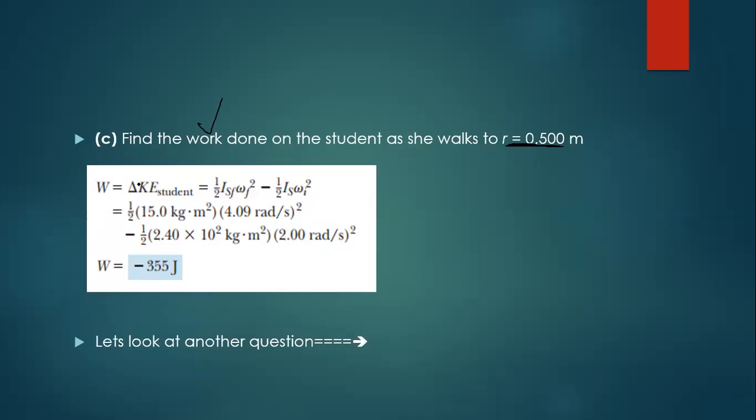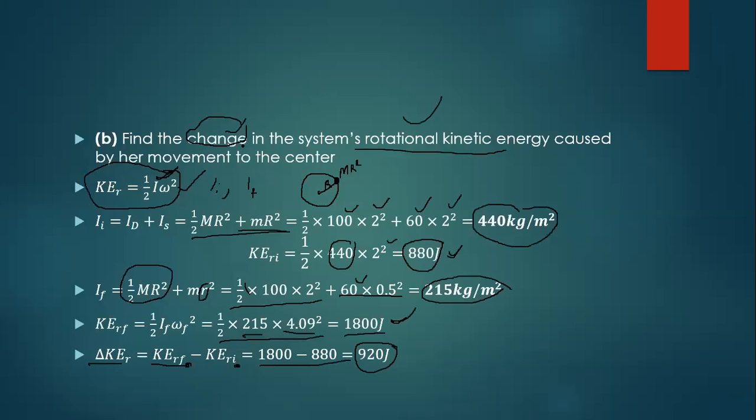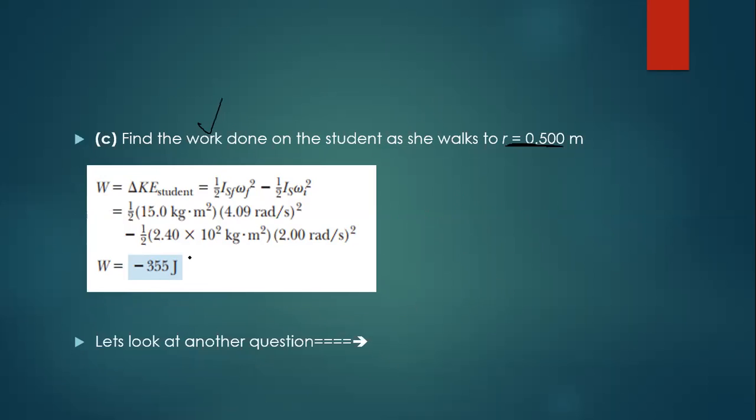Work done on the student is just the change in kinetic energy. Here we are looking at the whole system, the change in rotational kinetic energy caused by the movement, so the moment of inertia for the system, for the disk and for the student. We're combining everything. But at this point, we just need to talk about the student alone.